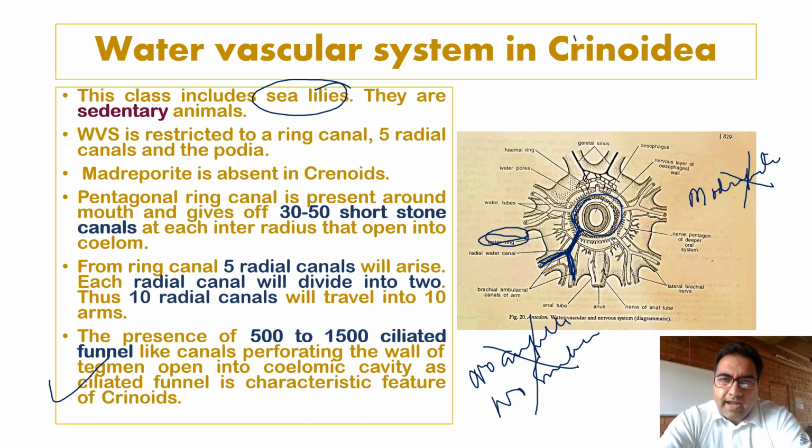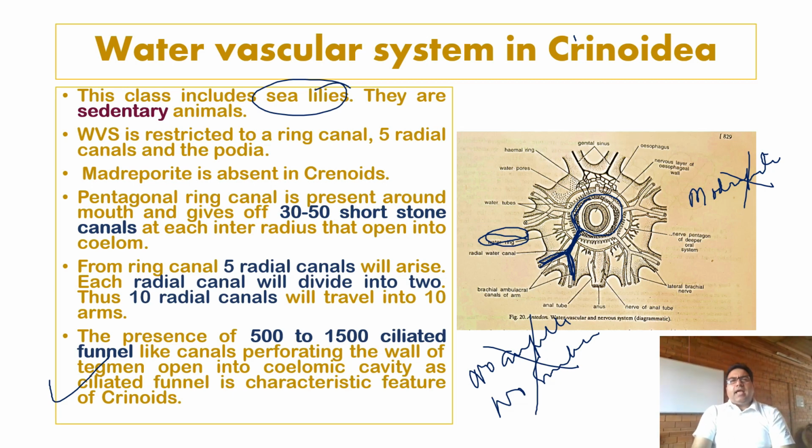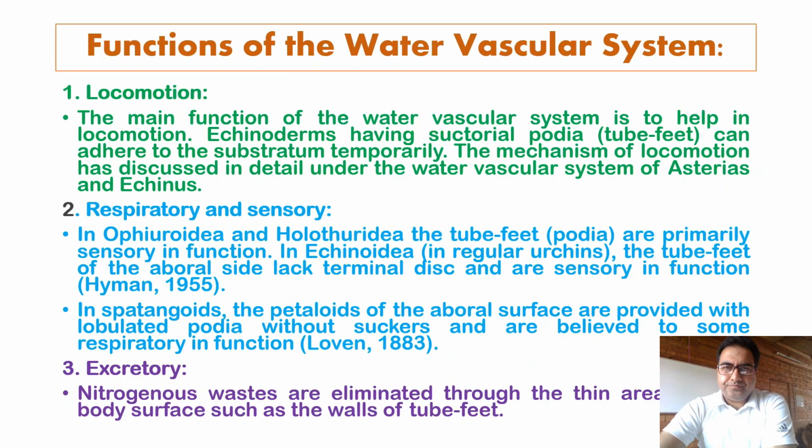It means that they are useful as tactile sense organs, or for respiration rather than locomotion. If they do not have the ampulla and the sucker, it directly means that they have a very small role in locomotion, but they may have a role in respiration and as tactile organs. So this was all about the water vascular system in the case of the crinoidea.